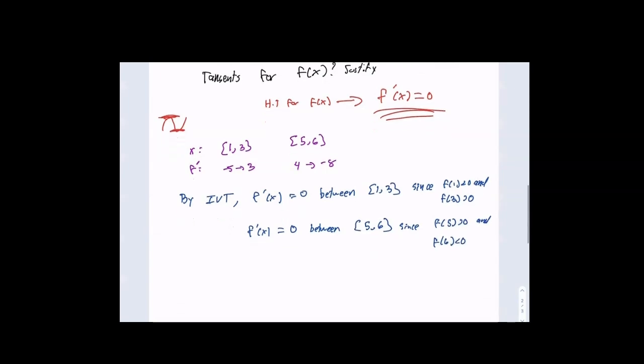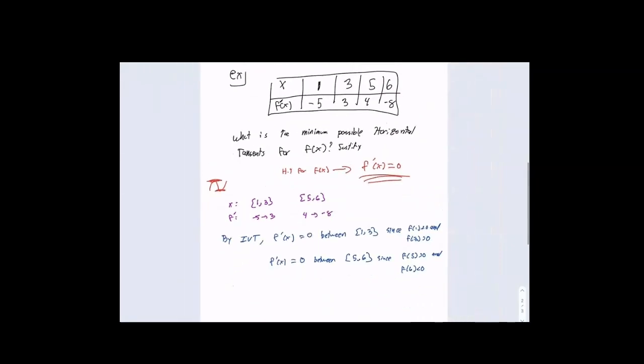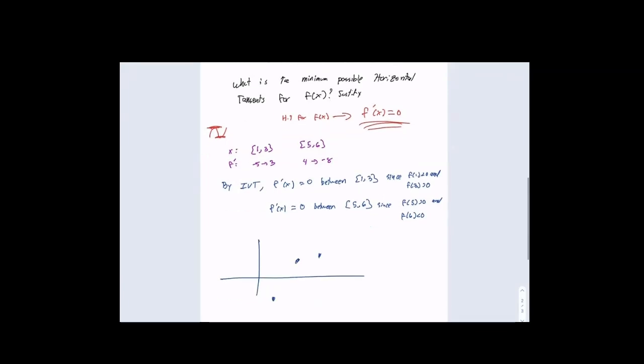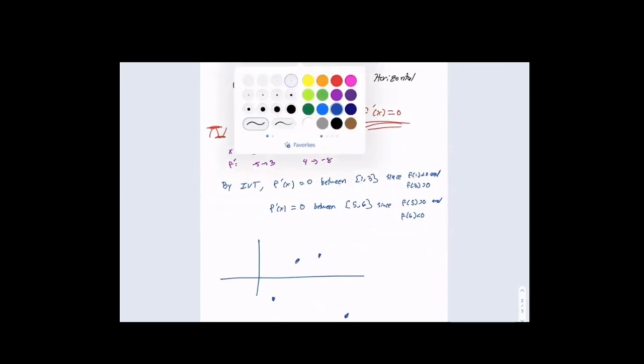Somewhere along the interval between 1 and 3, we don't know where, and this is the whole premise of IVT, the graph that we're looking at, f prime, has to equal 0, because the function values are going from a negative to a positive. The values go from -5 to 3 to 4 down to -8.